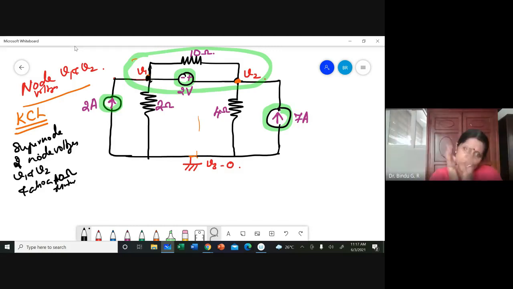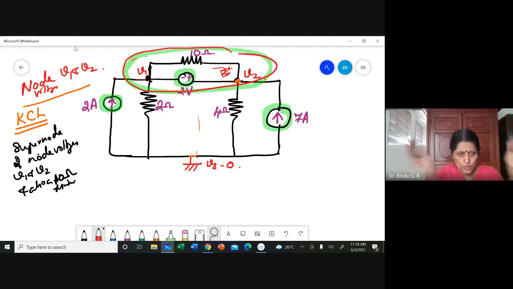So that 10 ohm also you have to take as part of the super node, which automatically means I needn't take any current here, I1, I4 or something, because they together form one node. So I need not be concerned about this current.